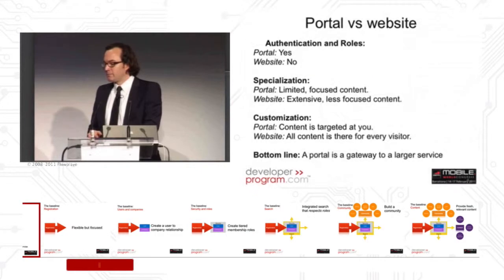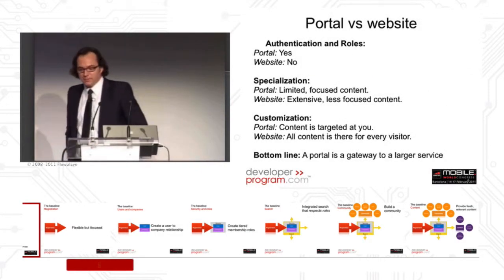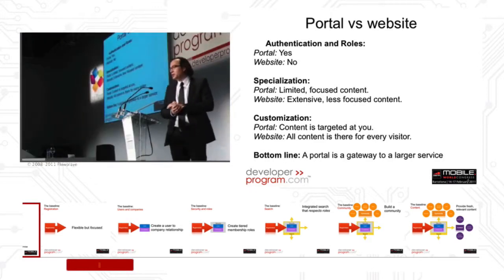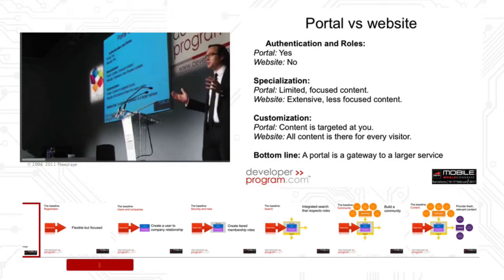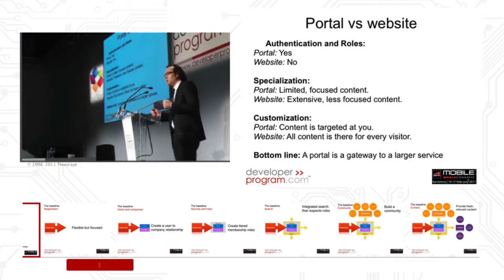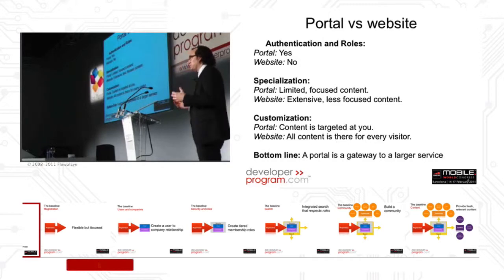So the first thing, what's a portal and what's a website? The key features of a portal are authentication, specialization, and customization. Most of the time, when you talk about a website, what you're talking about is something that's generally open to the public, has a lot of general information, and all the content's there for every visitor. When you're talking about a portal, you're talking about giving people the ability to register.